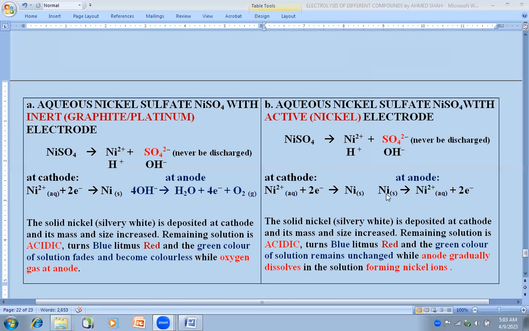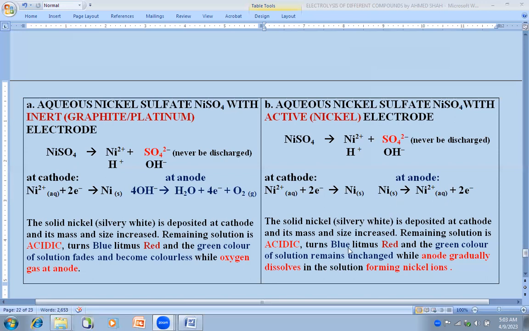So the solid nickel anode dissolves in the solution, producing nickel ions. These nickel ions travel towards the cathode under the influence of current, accept electrons, and solid nickel is deposited. The appearance of nickel or chromium metal is silvery white.